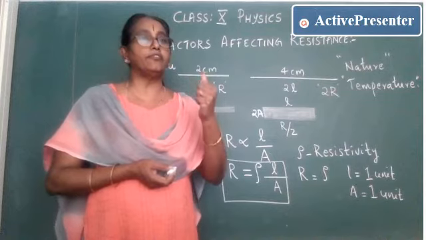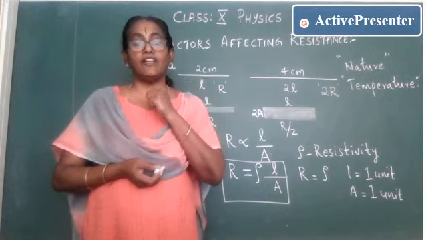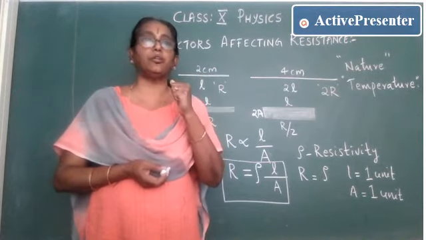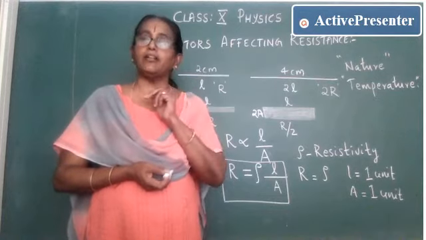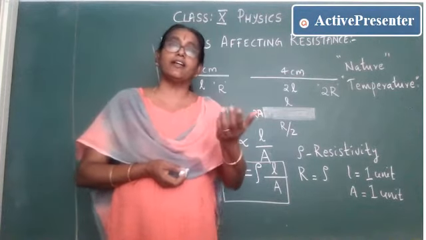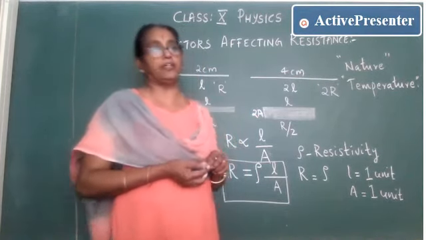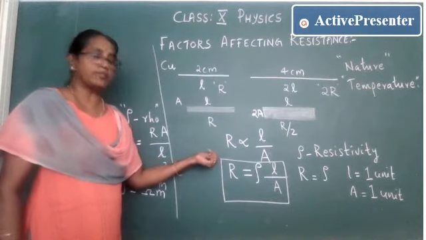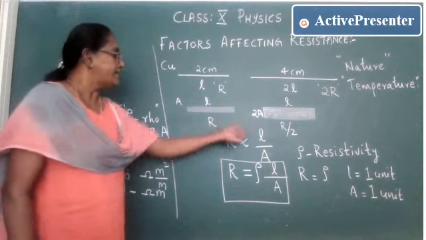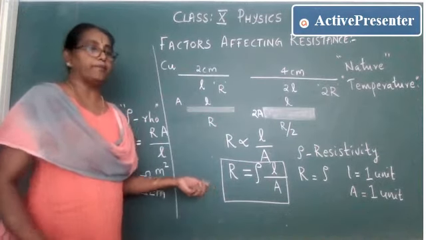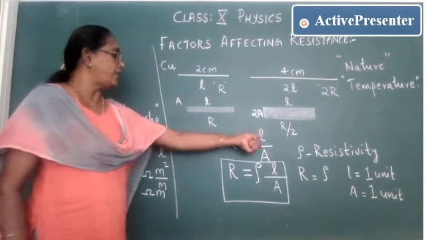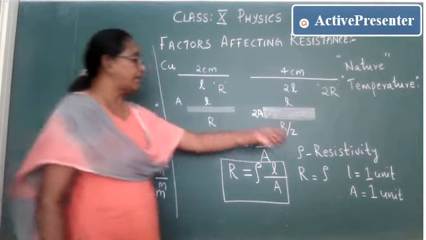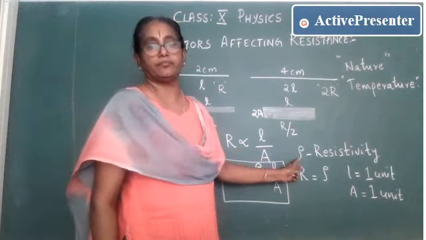Resistivity will not change with respect to length. Resistivity will remain constant, whereas resistance will get doubled. So when we solve numerical problems, keep in mind that resistance can alter with length, but resistivity will not.